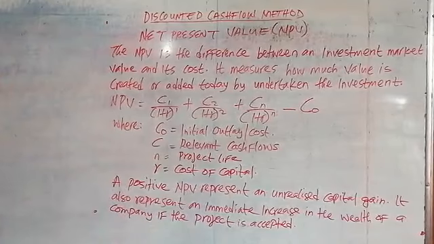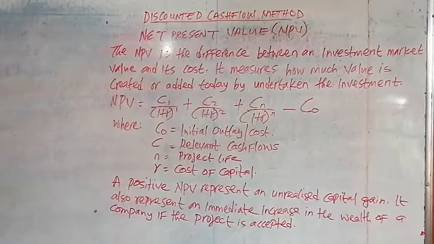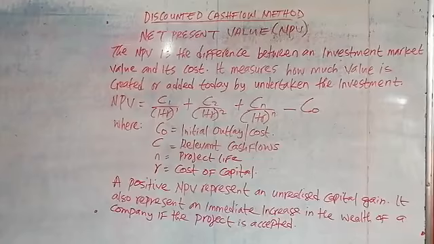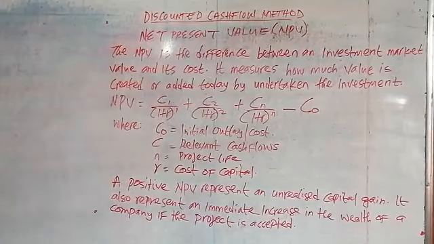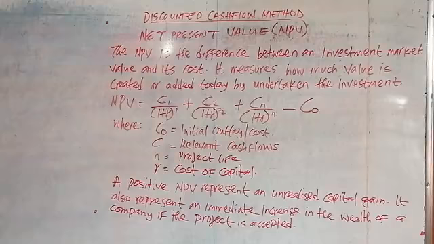But in this case, we call it net present value because of the effect of discounting. Because we are still under the discounted cash flow method, anything we are doing here, we have to discount the cash flow given to us to arrive at the present value.